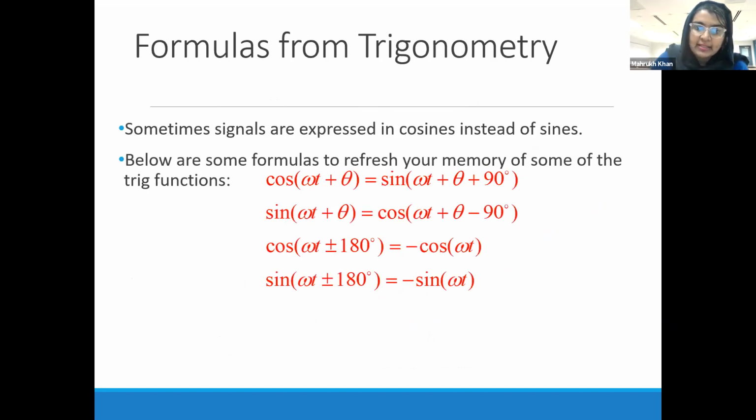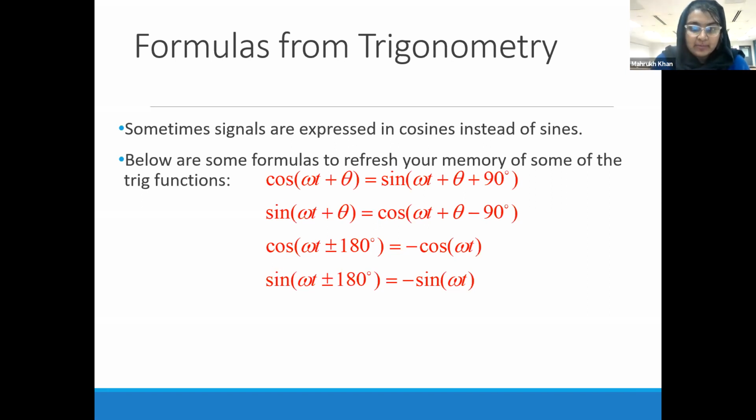Okay, so in phasors, you all actually know these formulas. Like you know that if you have cos(omega t plus theta), you can write it as sine(omega t plus theta plus 90). And if you have sine(omega t plus theta), you can write it as cos(omega t plus theta minus 90). But you know, cos(omega t plus theta) is equal to cos omega t cos theta minus sine omega t sine theta.